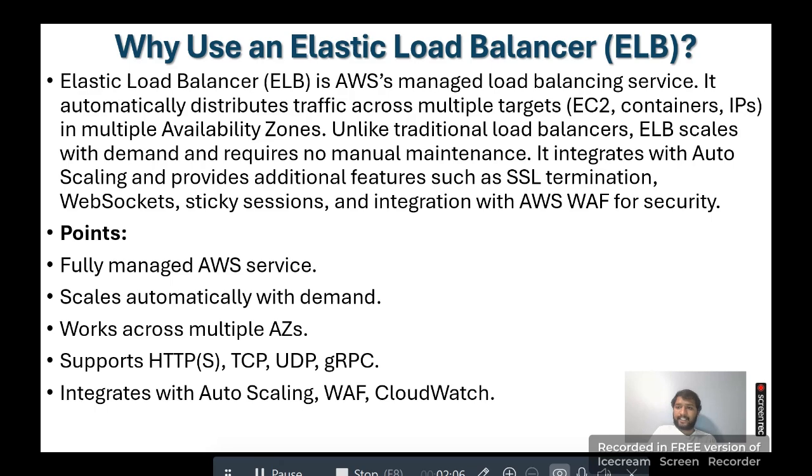It integrates with auto scaling and provides additional features such as SSL termination, sticky sessions, and integration with AWS WAF for security. Points: fully managed AWS service, scales automatically with demand, works across multiple AZs, supports HTTP, TCP, UDP, and gRPC, integrates with auto scaling, WAF and CloudWatch.